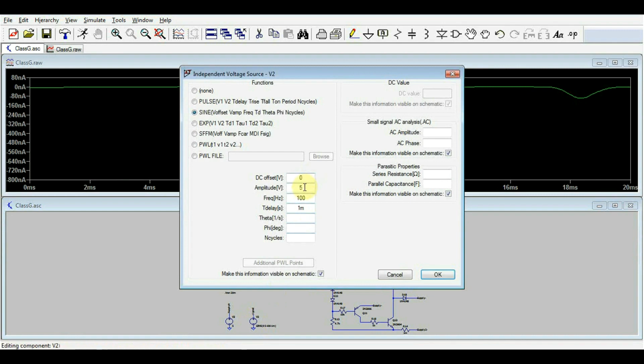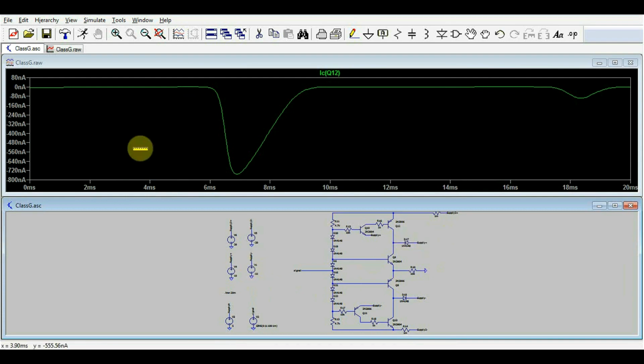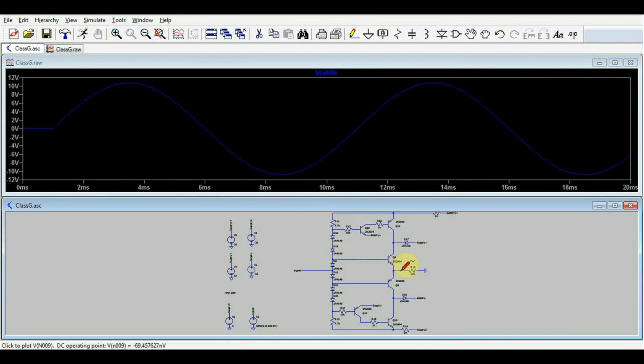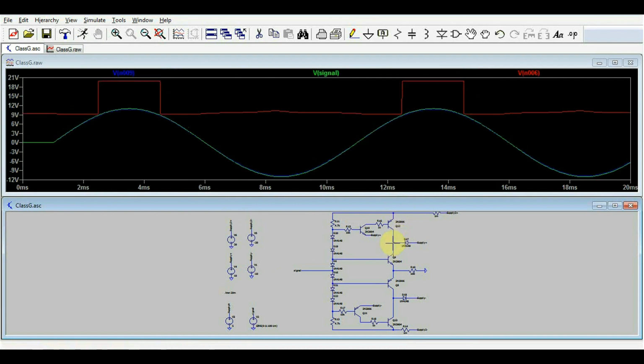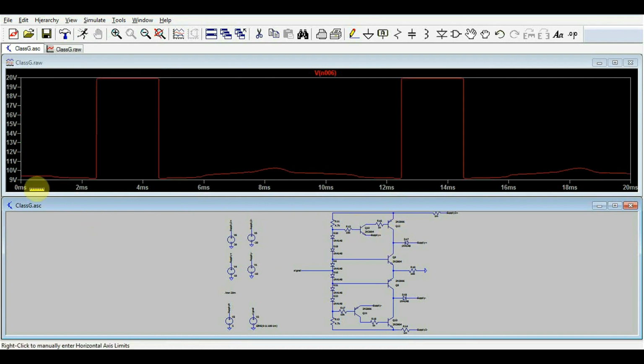Now let's see what happens if we have a much larger input signal, let's say 11 volts, which is larger than the first supply voltage. Now if we look at the output, the amplifier is still amplifying, so we still have our basic operating principle. But if we look at the supply voltage for our output stage, we see that it jumps.